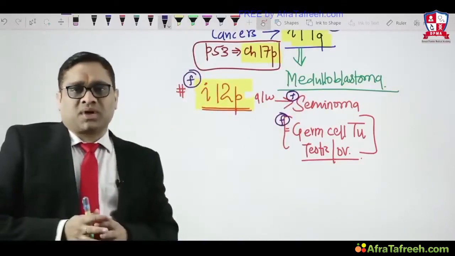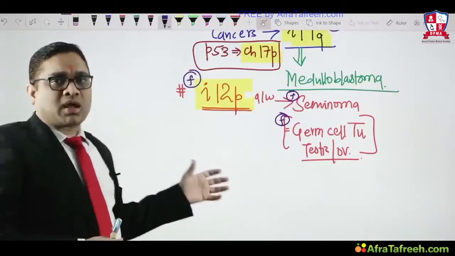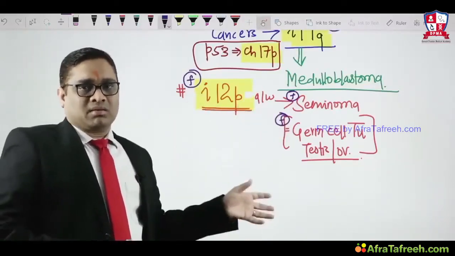This is the significance of the isochromosome, and that is how we can predict that future questions can be asked from these isochromosomes, right?